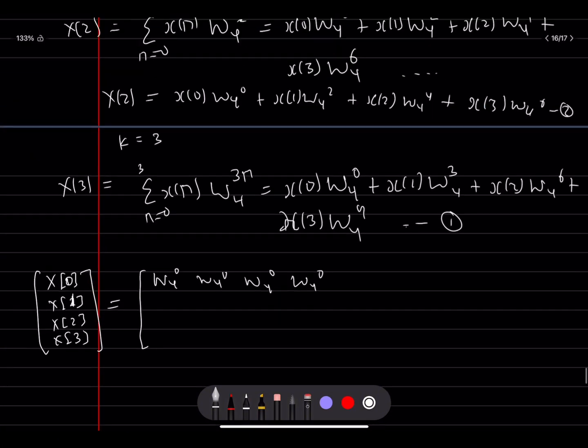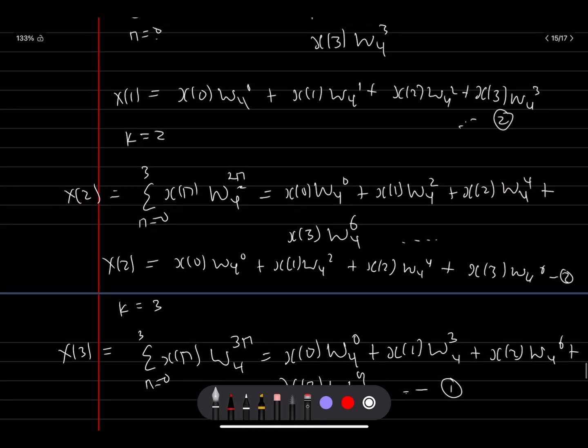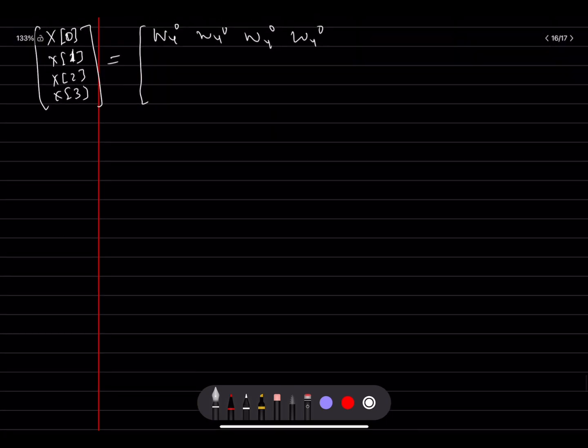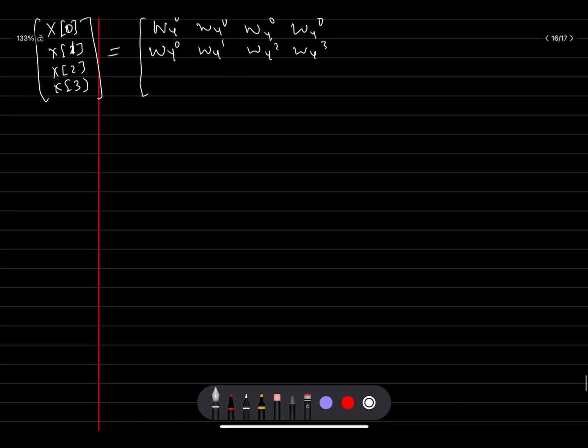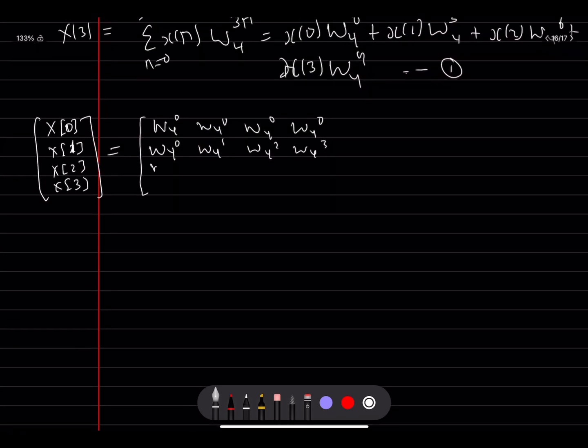And then my second equation, which is k equal to 1, is having 0, 1, 2, 3 as the powers. So I can write omega 4 power 0, omega 4 power 1, omega 4 power 2, omega 4 power 3. My third equation is having 0, 2, 4, 6 as the exponents, so we get W4 power 0, W4 power 2, W4 power 4, W4 power 6.